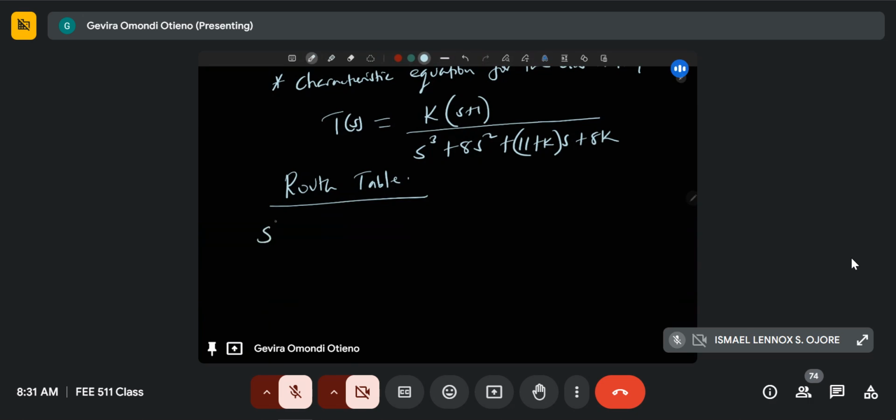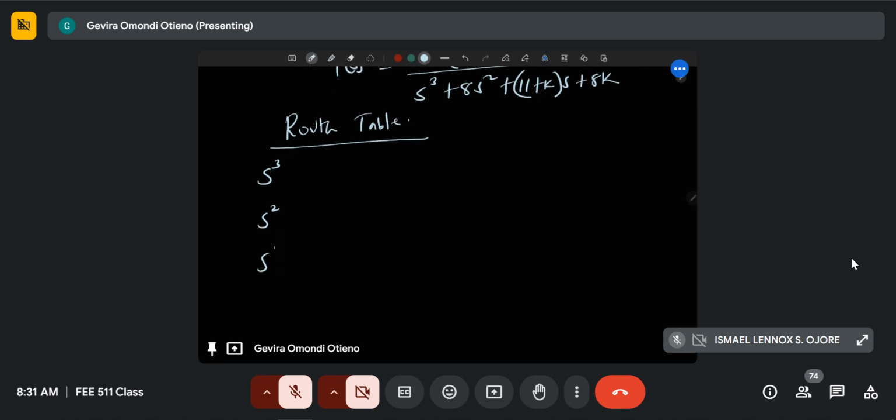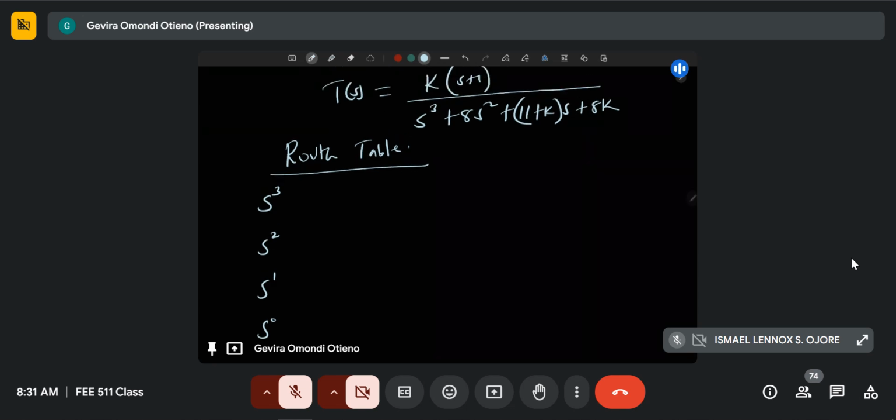So we start from s cubed, s squared, s to power 1, and s to power 0. I'm just illustrating. I'll do a proper one when we are doing a good example. Then you have to write the coefficients of each. The coefficient of s cubed is 1. Then you skip the next one and go to the second one. So the coefficient of s is 11 plus k.